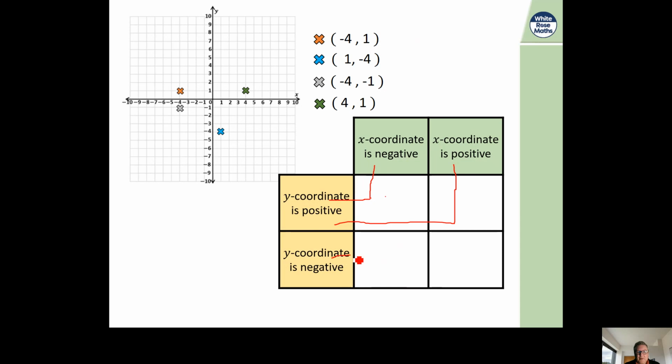And then in this box here, x is negative, y is negative. And here we've got this one. So x is positive, y is negative. Have a go.